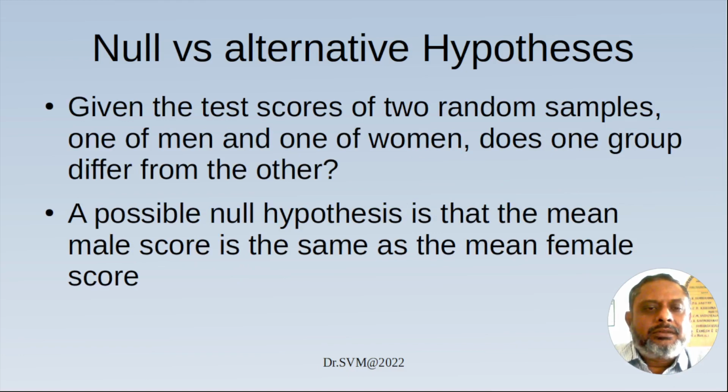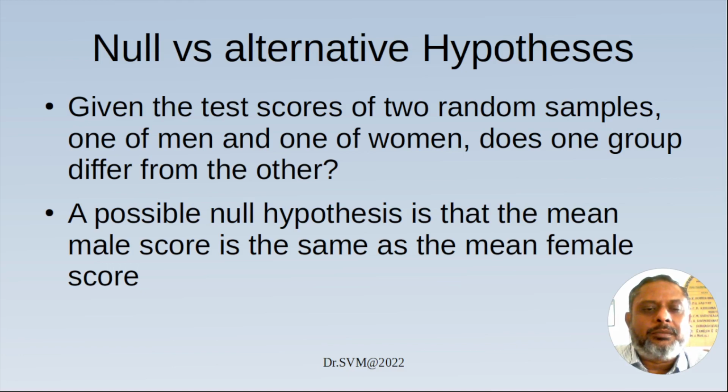The example is given the test scores of two random samples, one of men and one of women. Does one group differ from the other? Is the experiment we are conducting. And the possible null hypothesis is that the mean of male score is same as the mean of female score. So that's a null hypothesis.